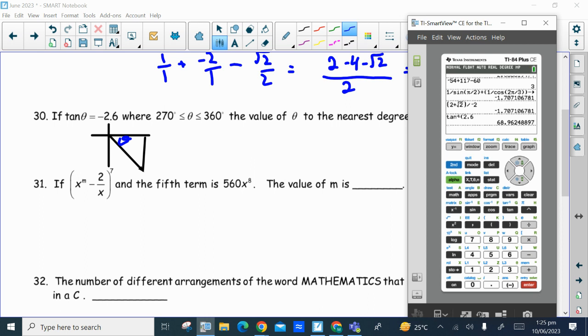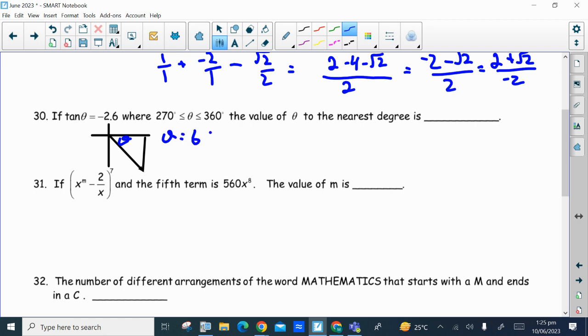To the nearest degree, that would be 69 degrees. And then the rotation angle would be 69 degrees short of 360. Which is 291, excuse me, 291. So there it is to the nearest degree.